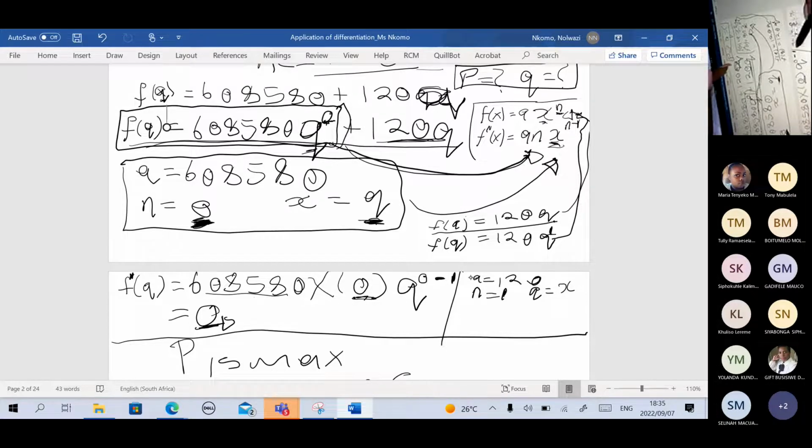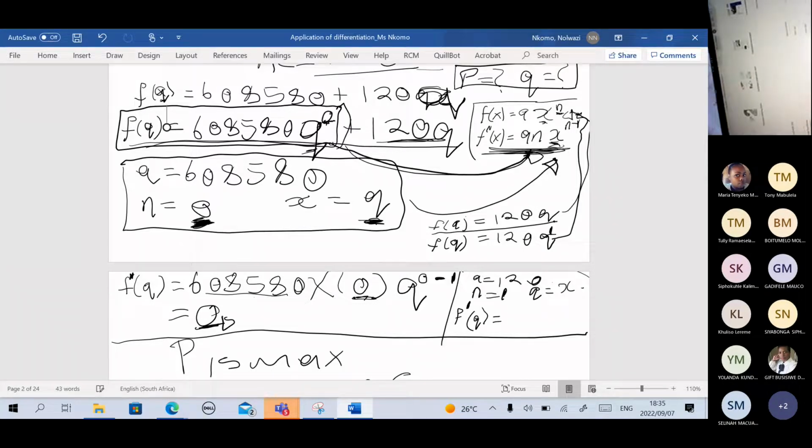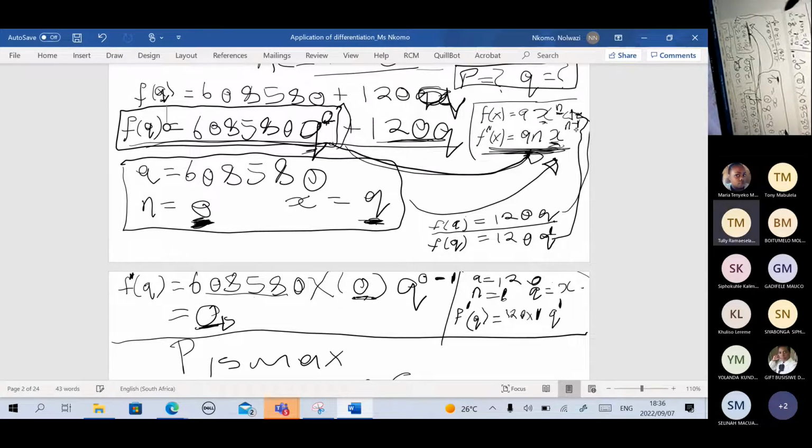Again, I want us to take these and substitute them here. Our x is equal to q, our a is 120, and our n is 1. If we do that, we get f prime at q equal to a, which is 120, times n, which is 1, so 120 times 1, times q to the power n minus 1.